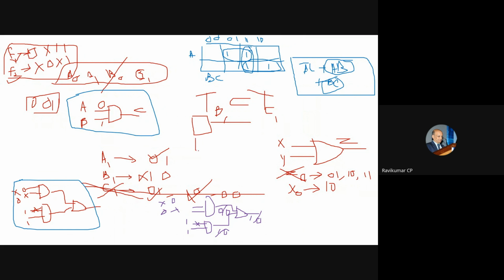So I may duplicate that whole thing, or I may even make it 3 times, and I may take some sort of voting circuit here. So this will be the majority.